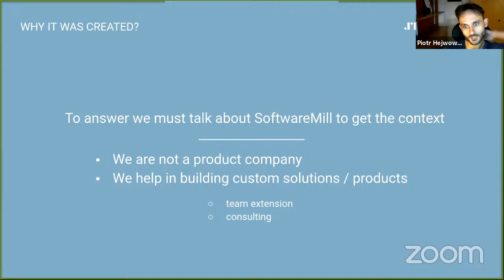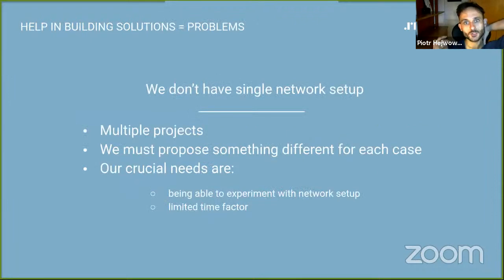And all of this basically means troubles. It means troubles because we don't have any single network setup in some cloud or in some external cluster. We don't have a stable configuration, but rather we have multiple projects. And every one of the projects is kind of different, and we must propose a different solution. Like in the case of supply chains, many organizations, many channels.